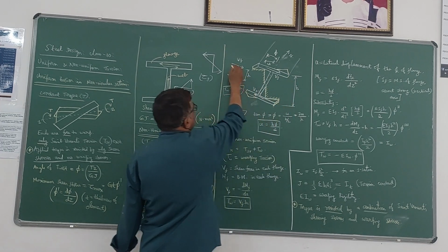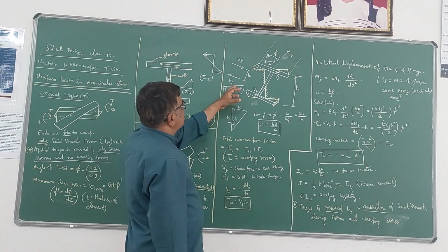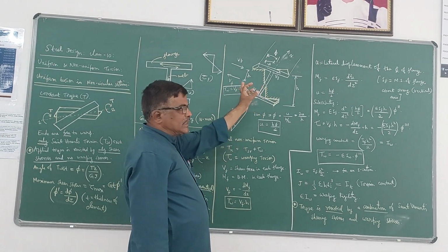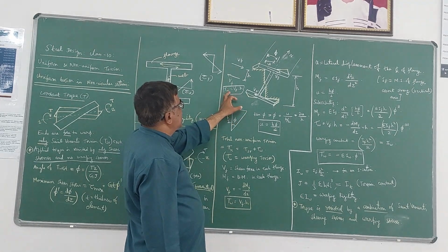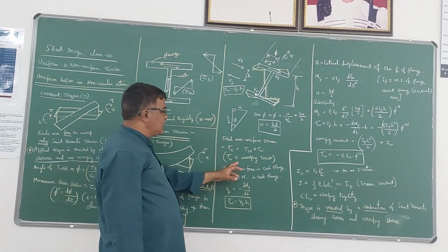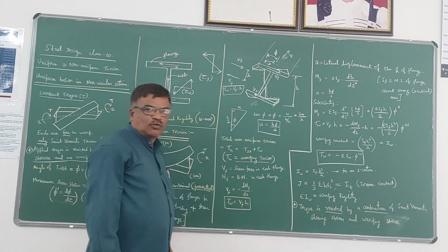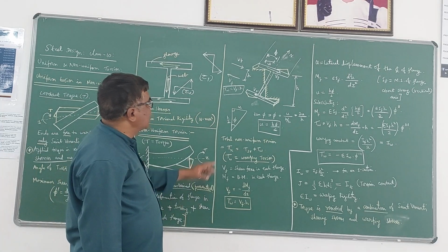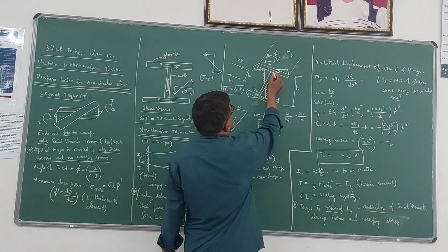So these two shear force components separated by a distance h will constitute a couple. That couple is denoted by Vf into h, which is Tw. The Tw is called the warping torsion. So this is very important here. Warping torsion takes place in the case of non-uniform torsion.